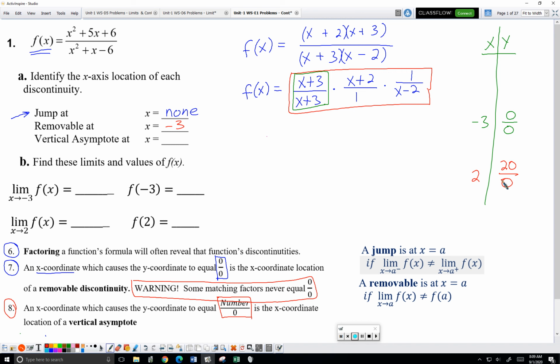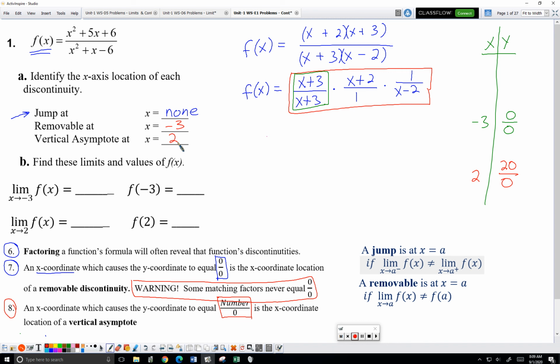So because this is removable, it's not a vertical asymptote. So exclude that. I always look for the removable first. If there is a removable, document that, and then look and see if there's also a vertical asymptote. Did that answer your question? Perfect. Here we go. Cool. So the vertical asymptote is at x equal 2.